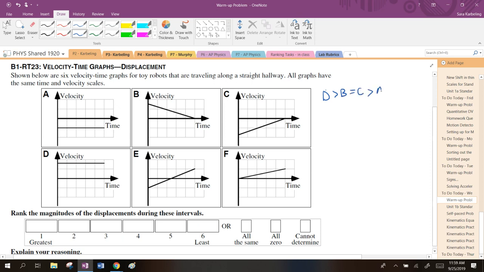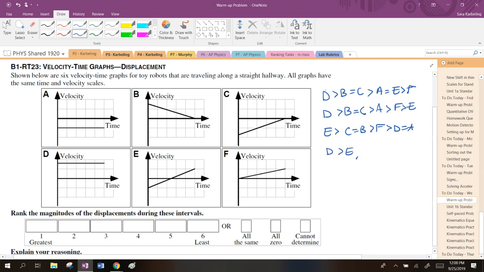A equals E, greater than F. I see D is greater than B equals C, greater than A, greater than F, greater than E. Cool. E, greater than C equals B, greater than F, greater than D equals A.